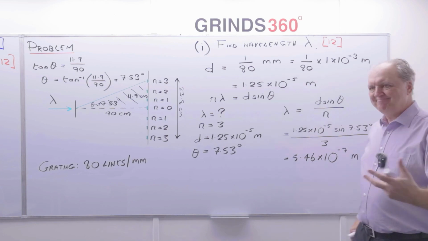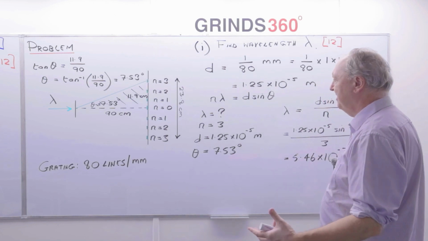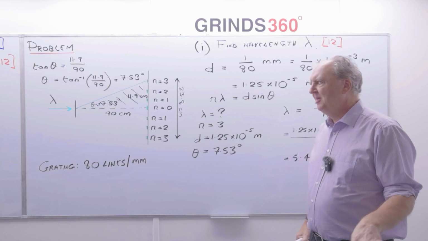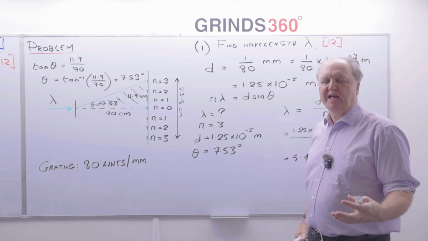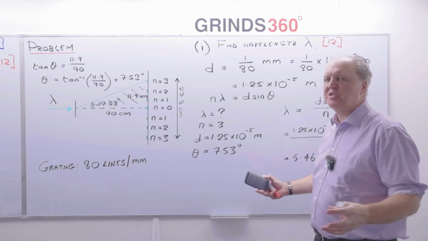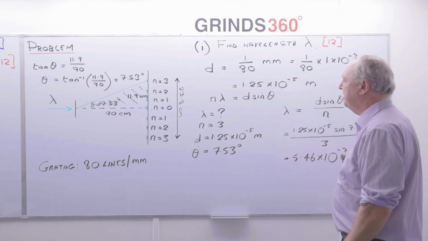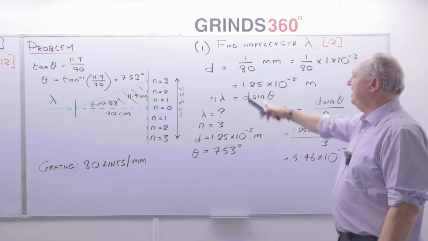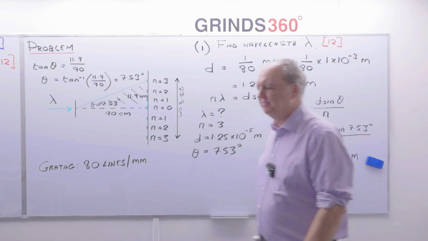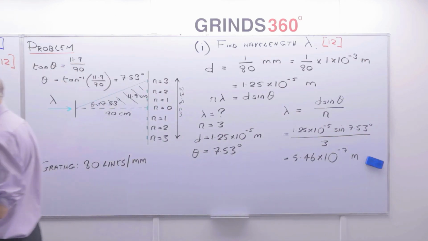Okay, so 12 marks for that. It's a standard problem. We devised the diagram ourselves. Often they give you the diagram, but if they don't, it's dead easy to create the diagram and put all the information on it. We just applied our formula and we did our technique to find lambda.